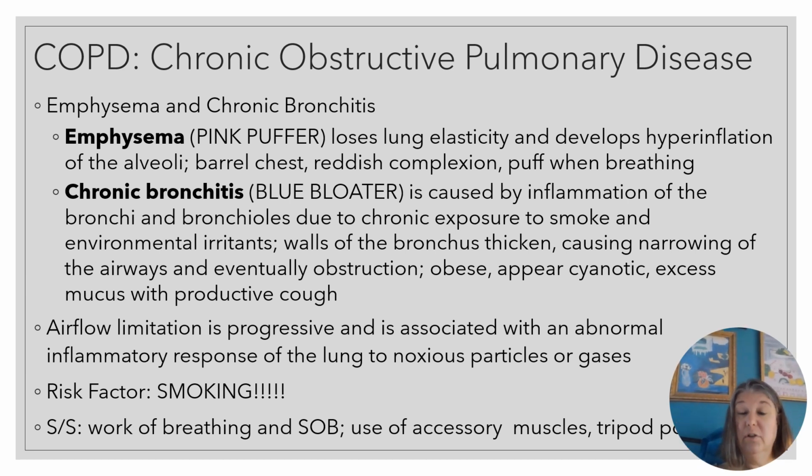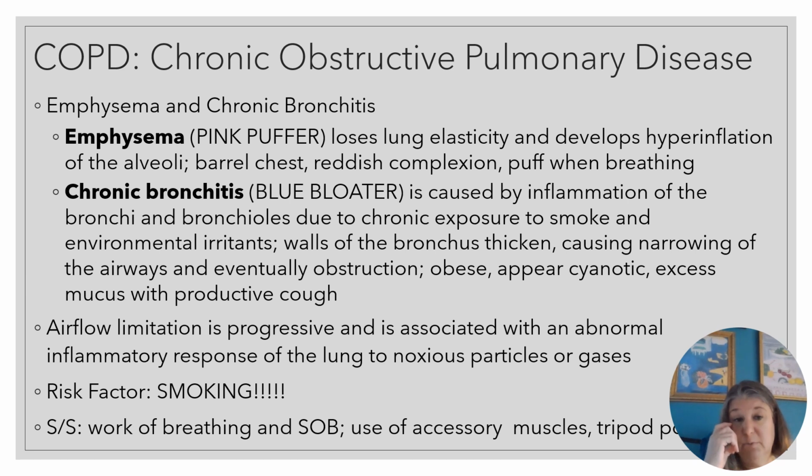Chronic bronchitis. So the bronchitis is the inflammation of the bronchioles. These people, here we go, people, we call blue bloaters. They're the ones with the excessive mucus, the productive cough. So they get kind of a bluish tone because of cyanosis, right? They're not getting enough O2. They end up with this kind of bluish tone to them.